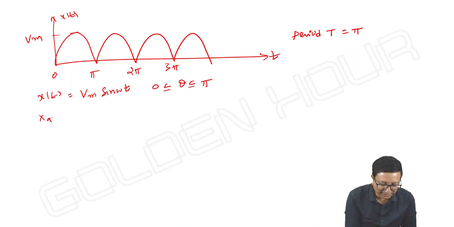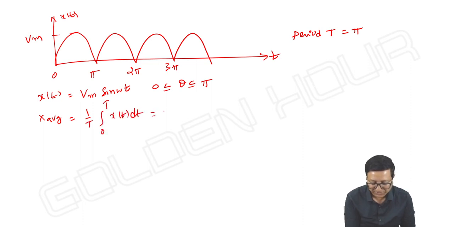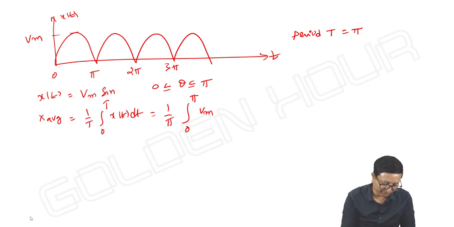Then x average is equal to 1 by T integral 0 to T x of t dt. Basic definition, it is 1 by pi over the interval 0 to pi of Vm sin theta. Let me write theta instead of omega t to make my calculations much simpler.